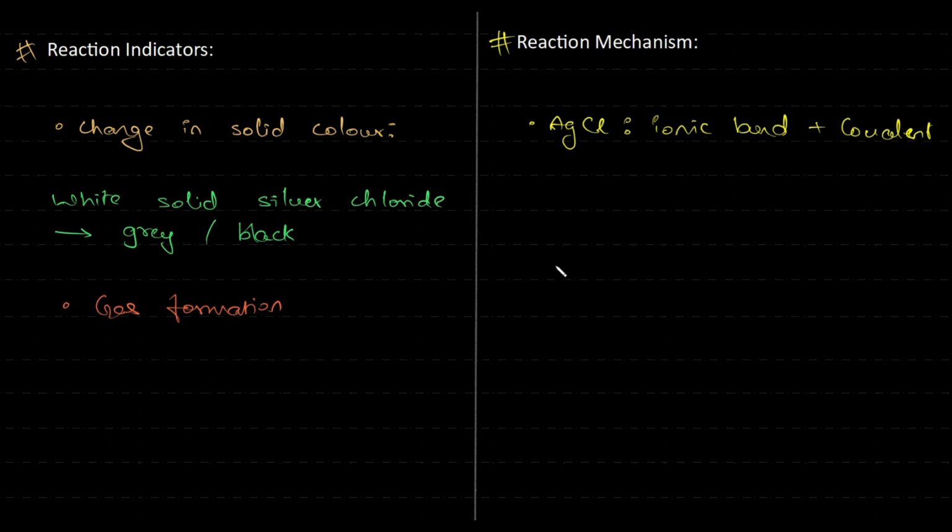So basically what happens, when we have a chunk of AgCl, you can imagine this to be three-dimensional stuff. When light falls on the solid, the electrons get excited.